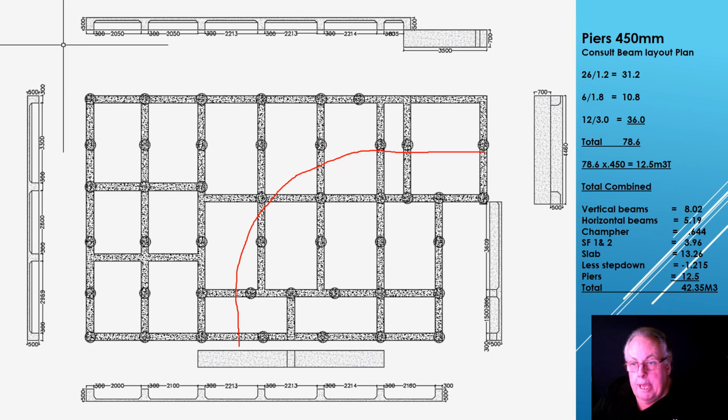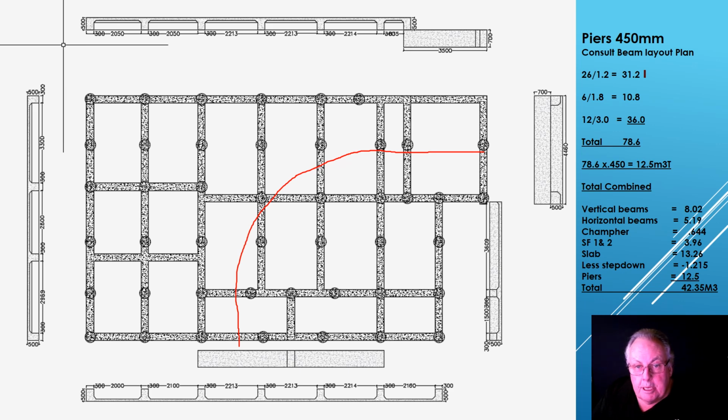And so what we have is a whole heap of piers, and in your takeoff, to make it a little bit easier, I've chosen to put these totals in here. You've got a layout plan which tells you how many of these piers are 1200, and in all we've got 26 at 1.2, so that gives us 31.2 linear meters.